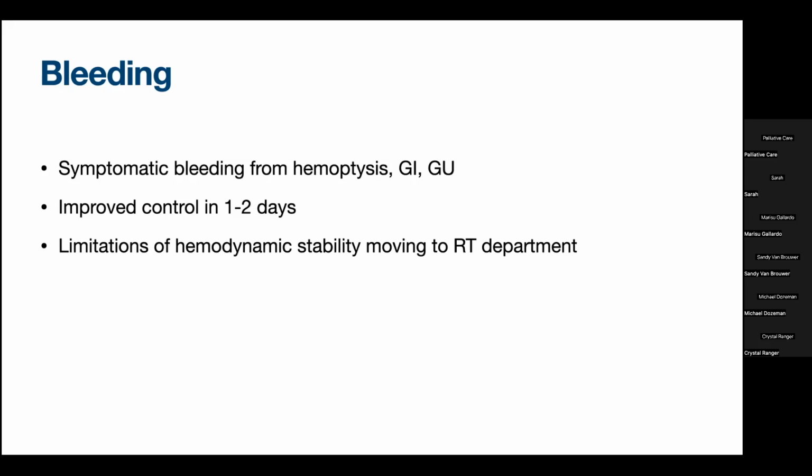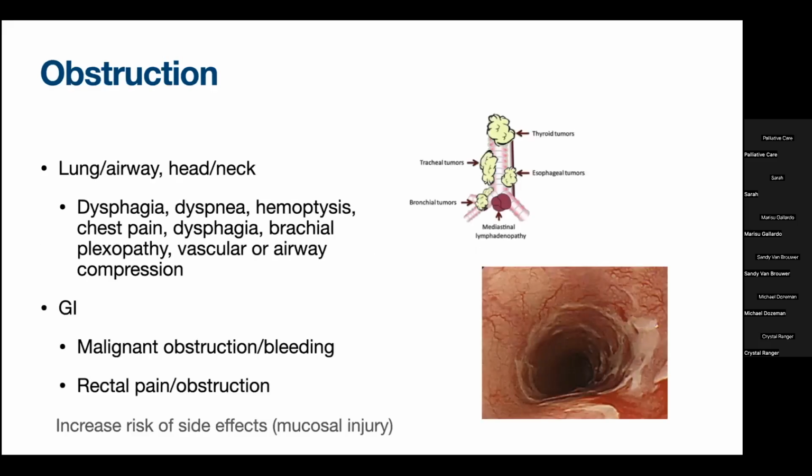Of course, one of the limitations of this is going to be the hemodynamic stability of moving to the radiation therapy department. If someone has not already been optimized with some of the preparations, then you have to take the time to do the contouring, the preparation, the dosing, and then the delivery. So that can be sometimes a limiting factor, but bleeding is something that could be potentially affected from this standpoint.